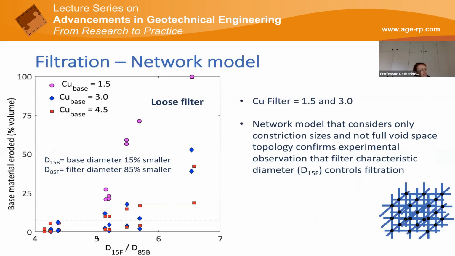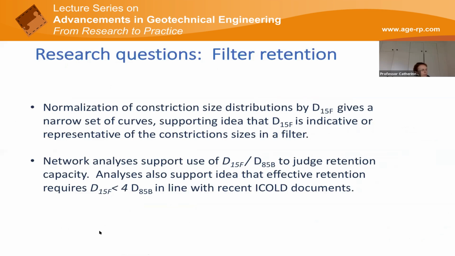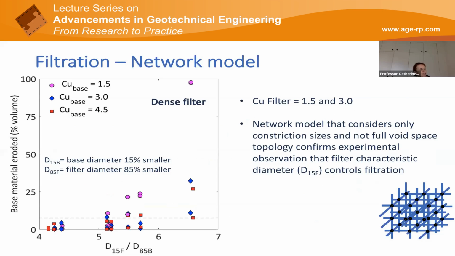And what we can see is that if your D15 of the filter divided by the D85 of the base is less than 4, you're going to get very, very little material eroded. And then as this increases, you start to get progressively more and more erosion. So we were then able to look, and I haven't gone into details in the presentation, at some of these empirical studies that have provided a lot of insight and come at them from another perspective and confirm that.